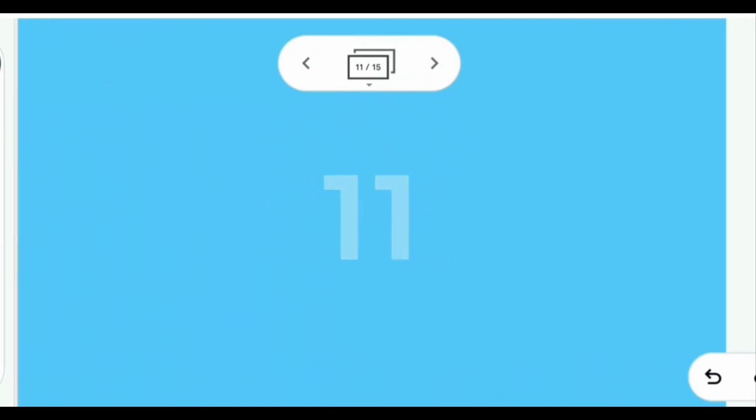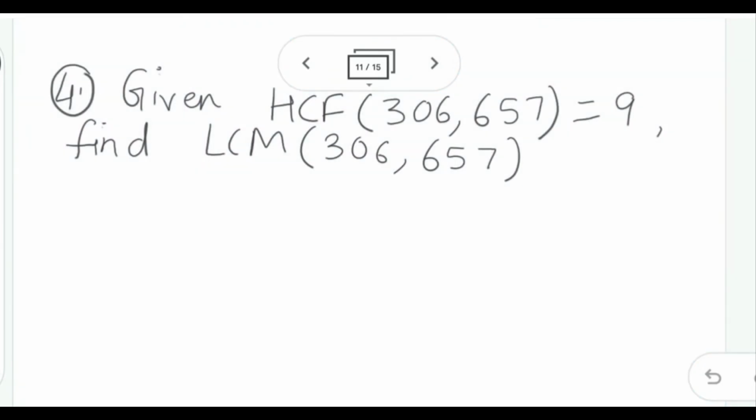Now another question. In this we are given HCF of 2 numbers. In bracket they have mentioned the 2 numbers 306 and 657. Their HCF is 9 and we have to find their LCM. Now when we are given 2 numbers and their HCF is also given and LCM they are asking us to find. Sometimes they may give LCM and they may ask us to find HCF.